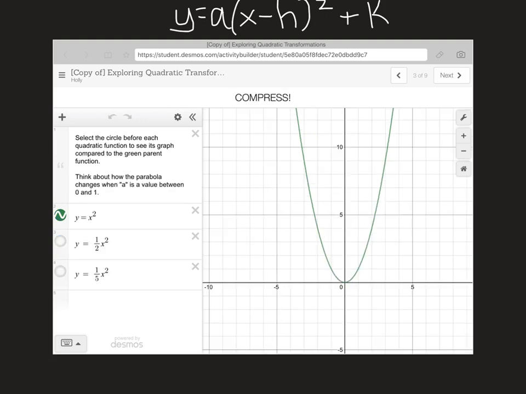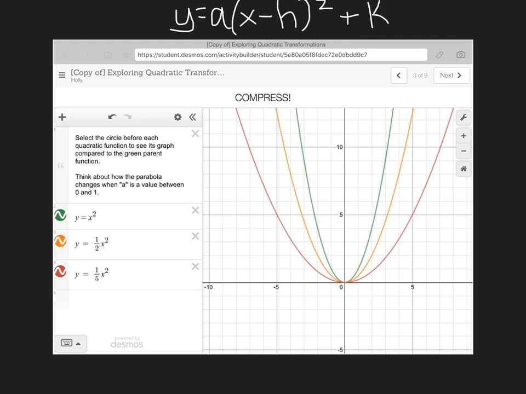On the flip side of that, if we have values of a that are not greater than 1, like 1/2, you can see that this orange line is now below the green line, and 1/5 x squared is even lower than that.